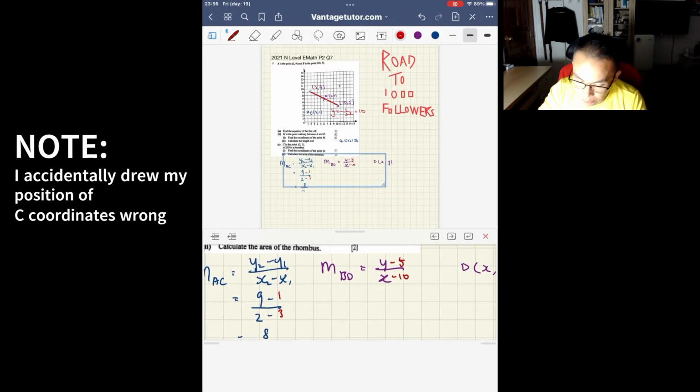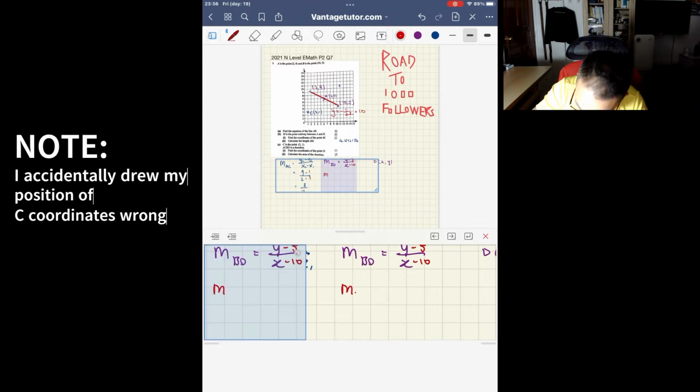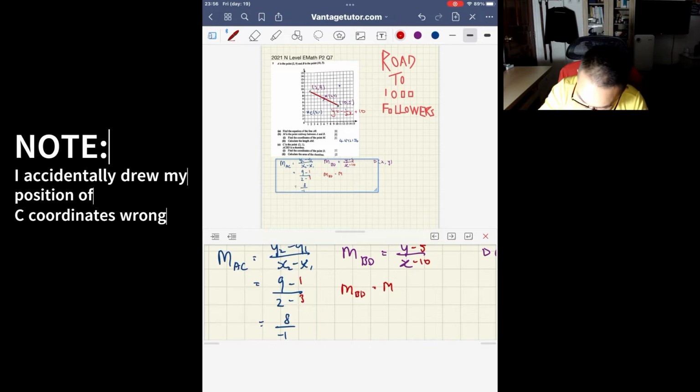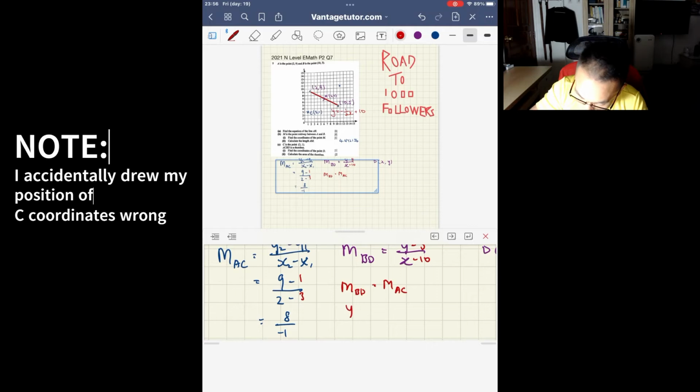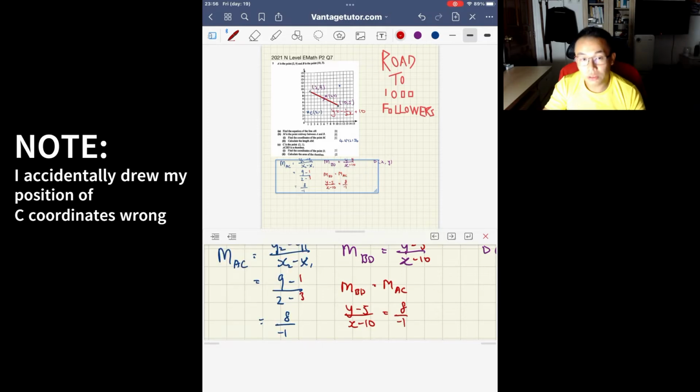Now, because they are parallel, I can say that M BD equals to M AC. So now I can say that y minus 5 over x minus 10 equals to 8 over negative 1. The student who was very confused and got my Instagram asked me, do I cross multiply here?